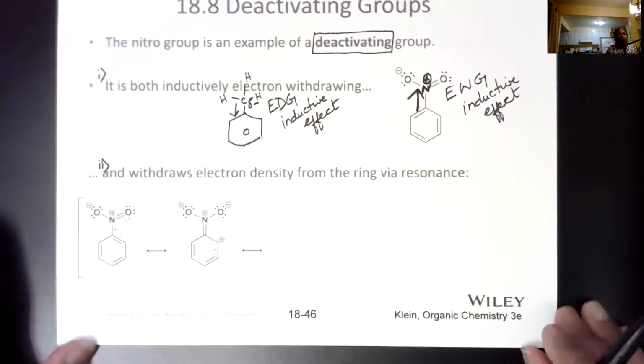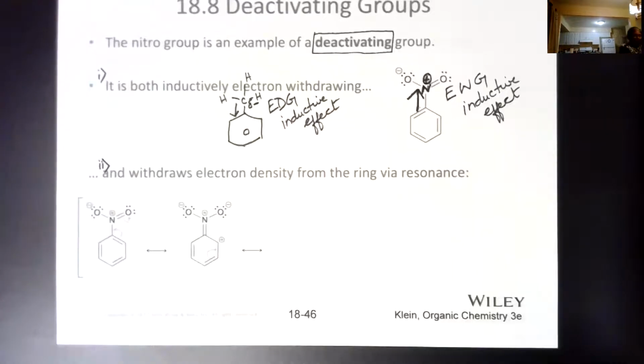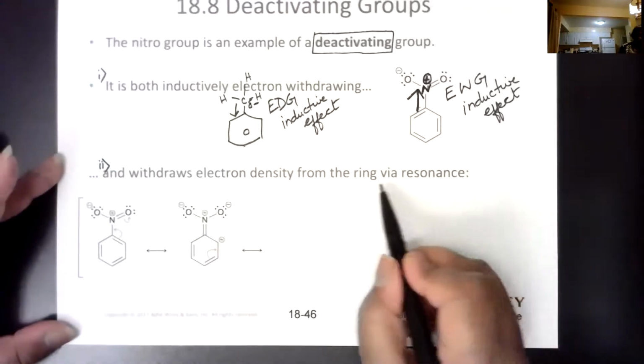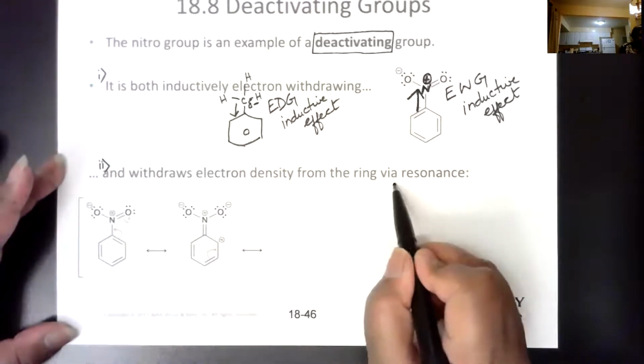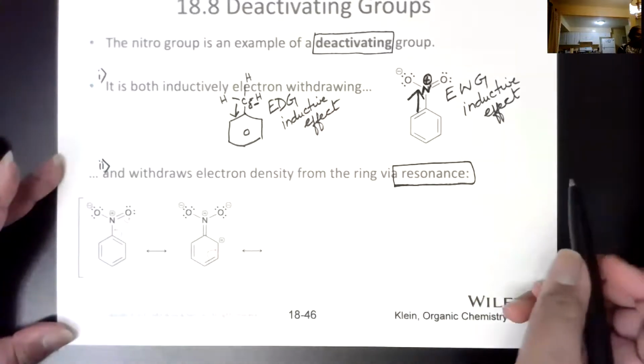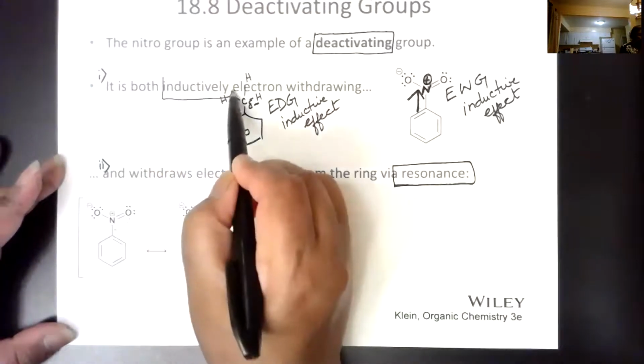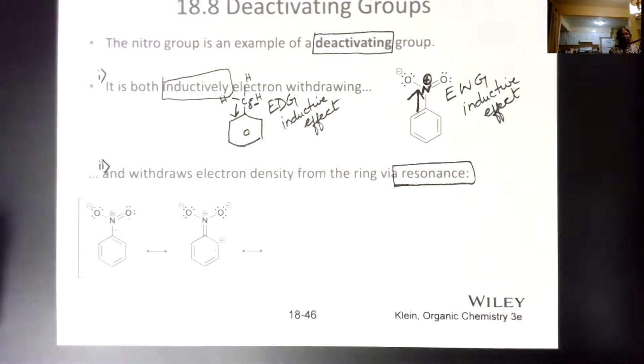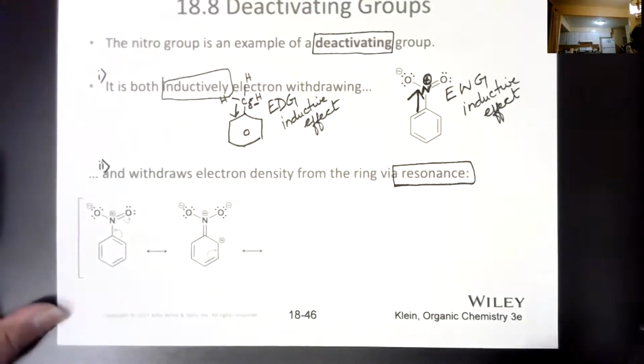Now, another way in which it deactivates the ring is that it withdraws electron density through resonance. So inductive effect also depletes electron density from the benzene ring, and then also through resonance. So that's why it's a strong deactivating group.